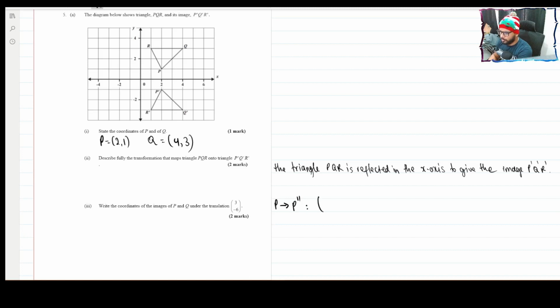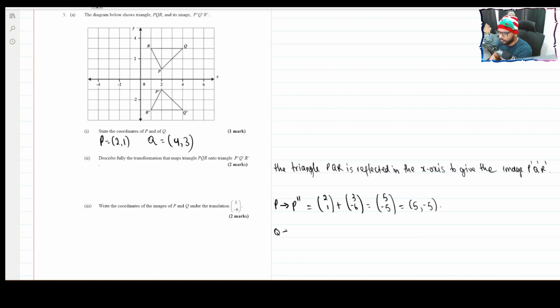We will use the formula 2, 1 plus the translation vector 3, -6, which is 2 plus 3, which is 5, 1 minus 6, which is minus 5. But this here is a vector. I need the point. This is 5 comma minus 5.